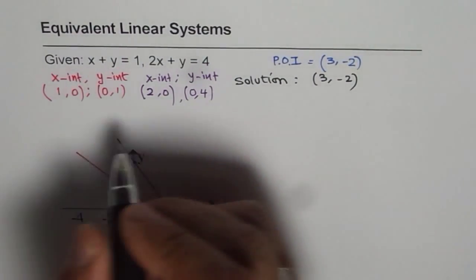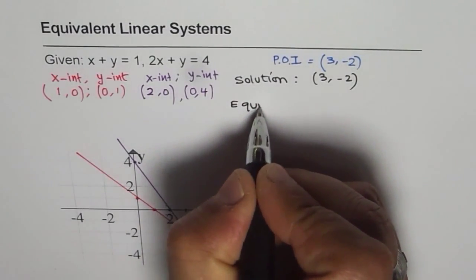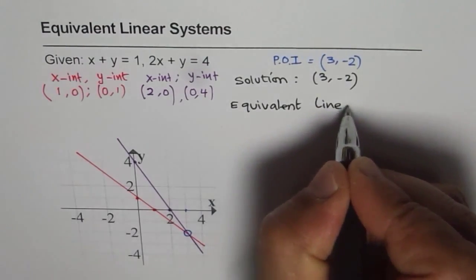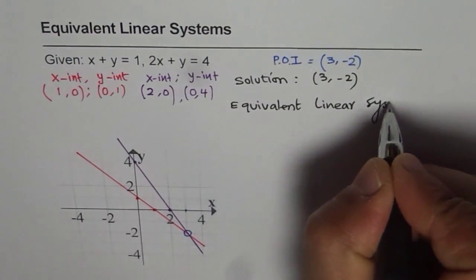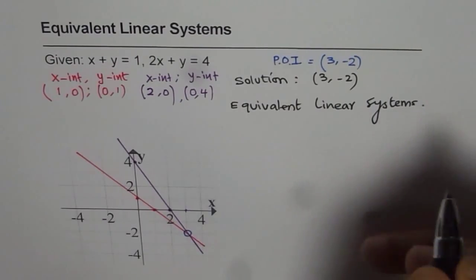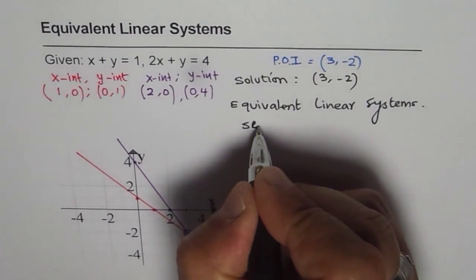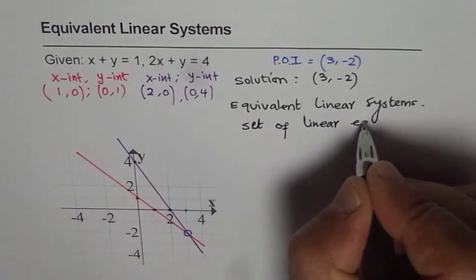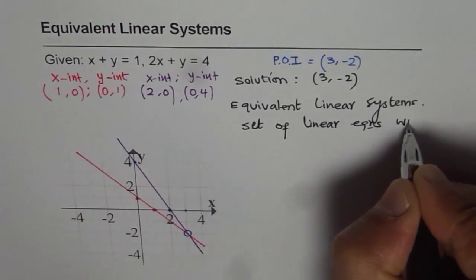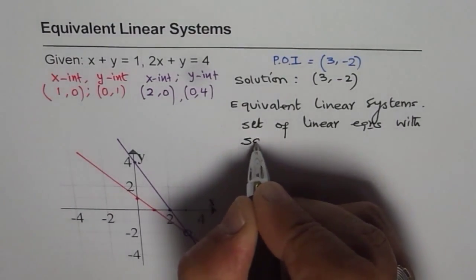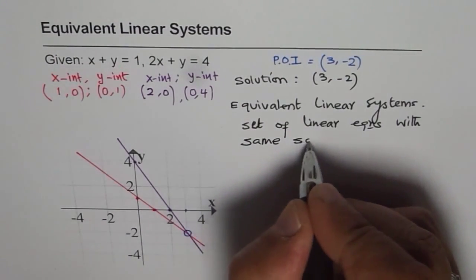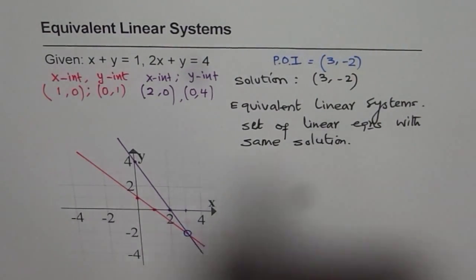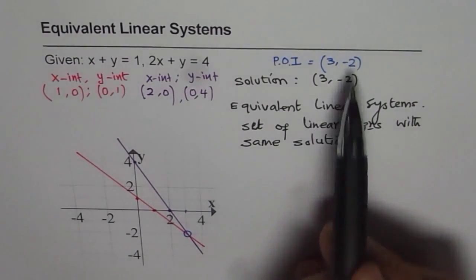So when we say equivalent linear systems, we are looking for a set of linear equations with the same solution, right? That is what we mean when we say equivalent linear system. Same solution. So in this case, our solution is (3, -2).